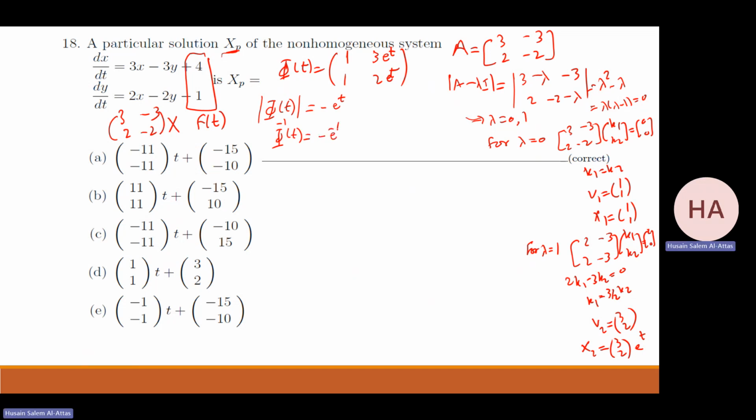That will be minus e to the minus t. This switch it. This change the sign as usual. That will be what? Minus 2, 3, minus e to the minus t, minus e to the minus t. Now I need phi inverse times f.